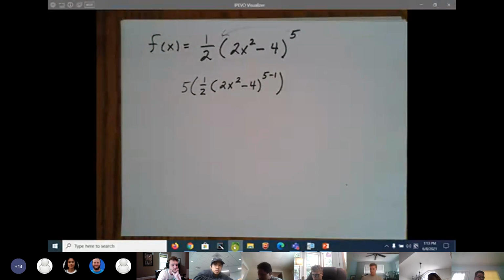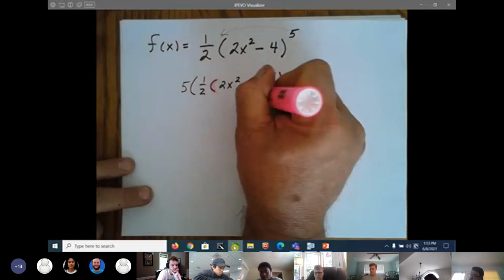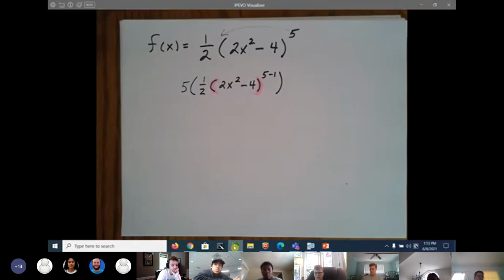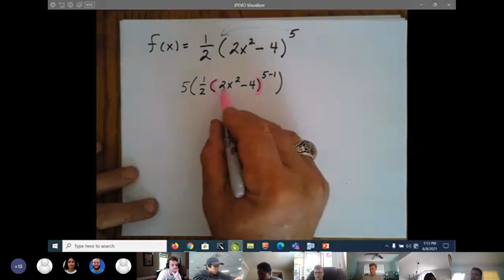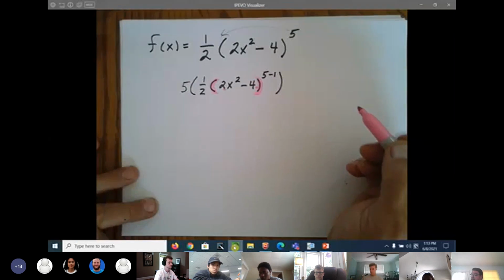And what's inside those parentheses? 2x squared minus 4. And what is the derivative of 2x squared minus 4? 4x.